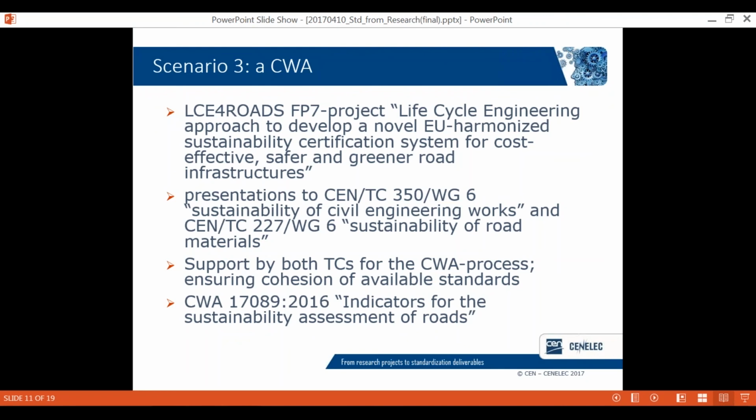As the scope of the CWA relates to activities taking place in two CEN technical committees, there was a strong need to ensure consistency with the other CEN work. For this project, our Spanish member UNE had joined the consortium as a partner.